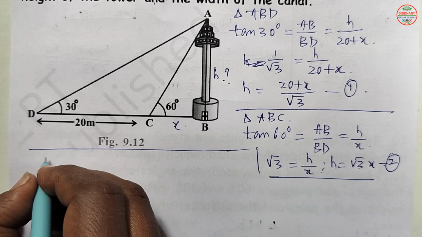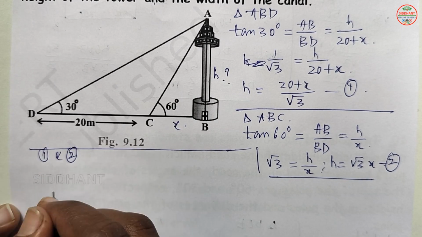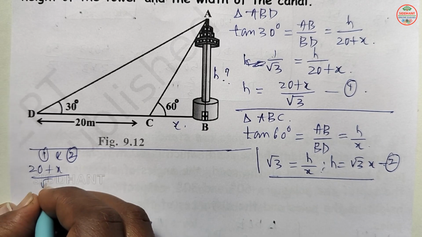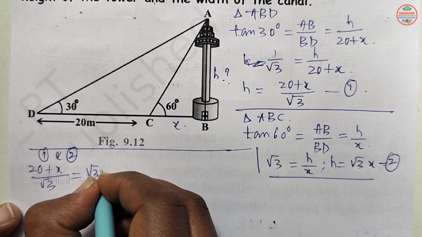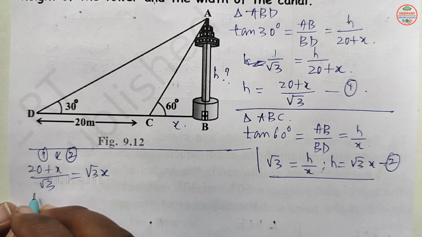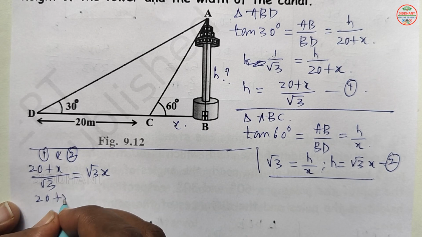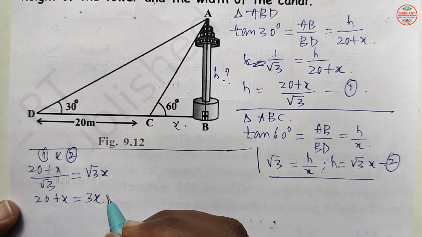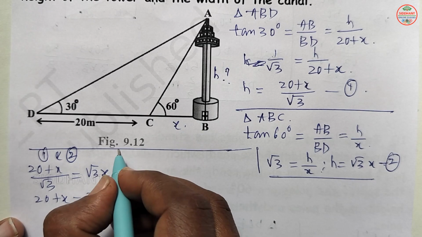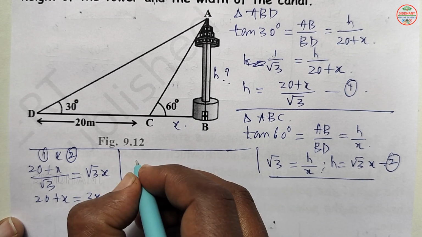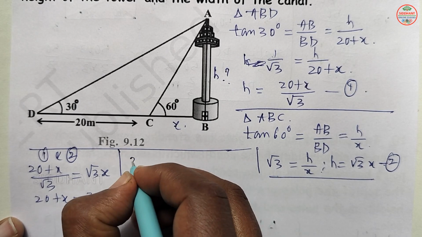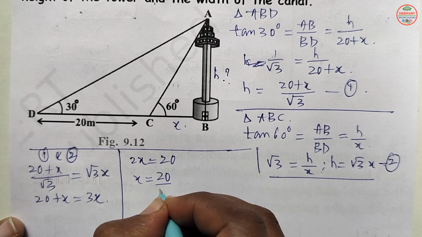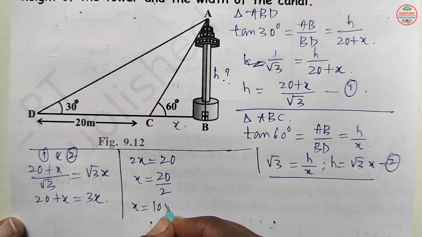From equations 1 and 2, (20 plus X) by root 3 equals root 3 X. When you cross multiply, 20 plus X equals root 3 times root 3 X, which is 3X. So 3X minus X, that means 2X equals 20, and X equals 20 by 2, so X equals 10 meters.